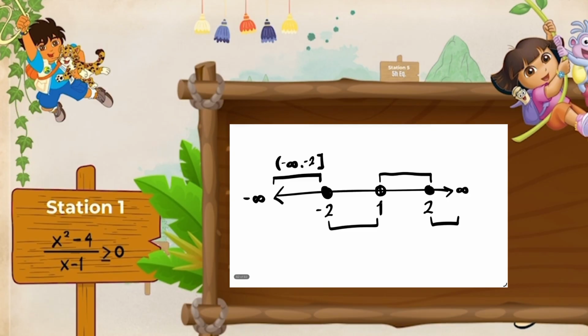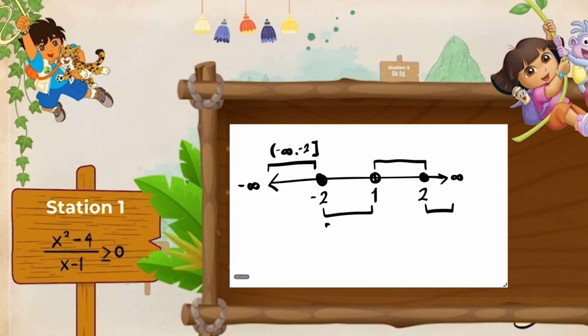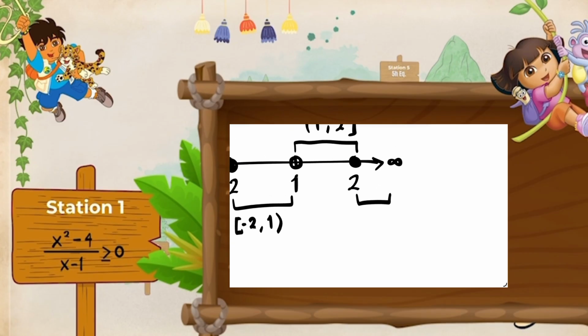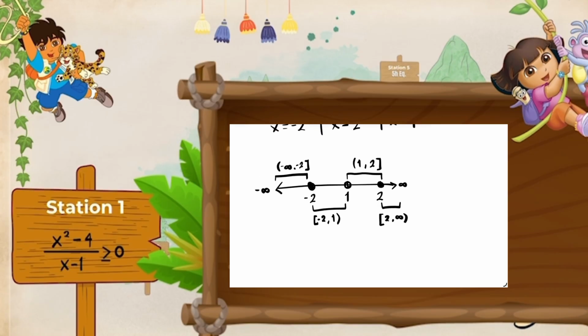Next is negative 2 included and positive 1 excluded. And positive 1 excluded, positive 2 included. And then bracket positive 2, then positive infinity. Infinity will always use parentheses.